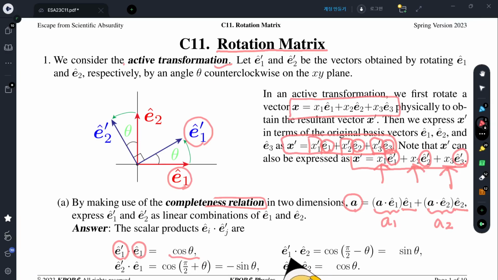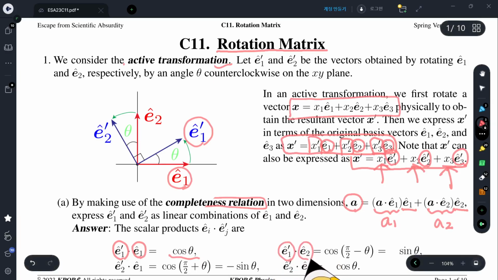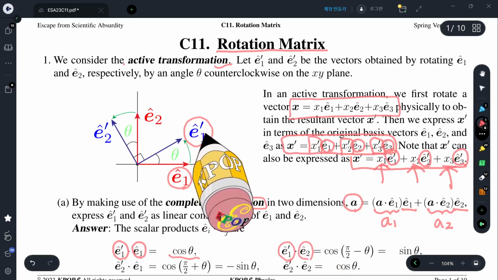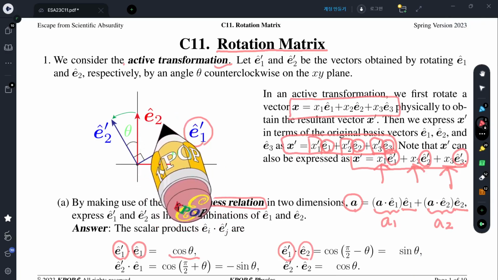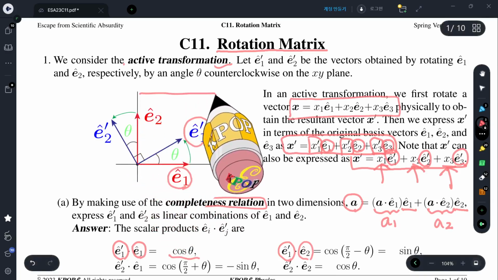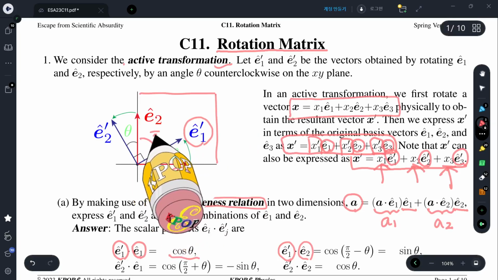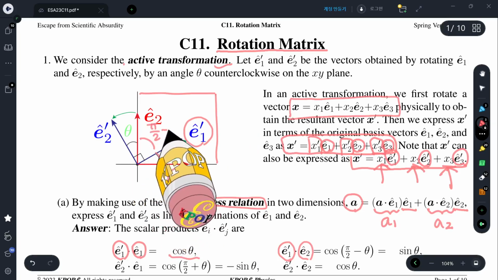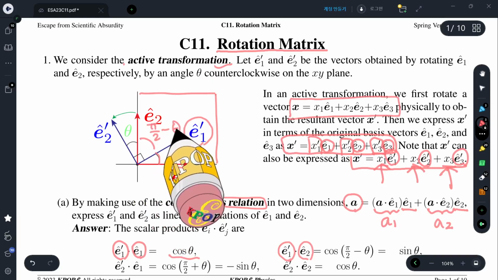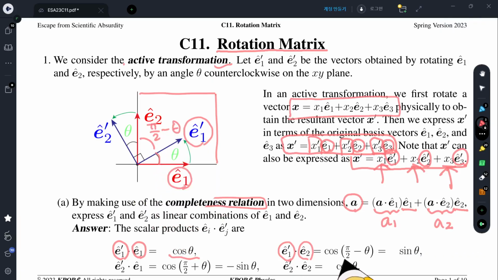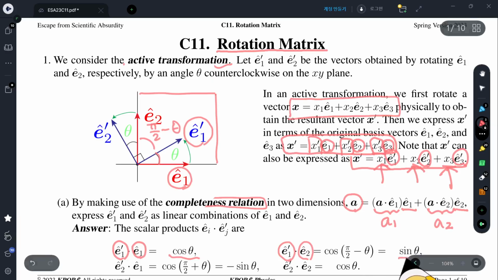Next, we consider E1 prime and E2. E1 prime is here and E2 is here. Because this is a right angle and this is theta, this is 1/2 of pi minus theta. So the scalar product is cosine of pi over 2 minus theta. For any real number theta, it is sine theta.